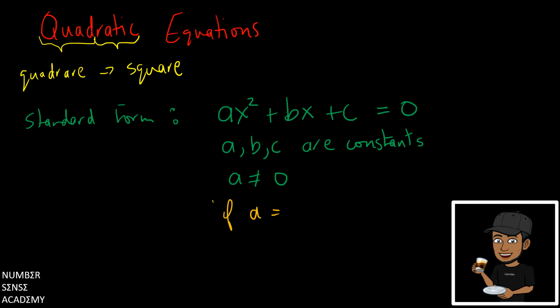If a is equal to 0, then all we're going to end up with is bx plus c. And now this is just a line. This looks like mx plus b, right? So now it's just a line, and we no longer have the squaring. If a is equal to 0, then we've eliminated the whole squaring part.